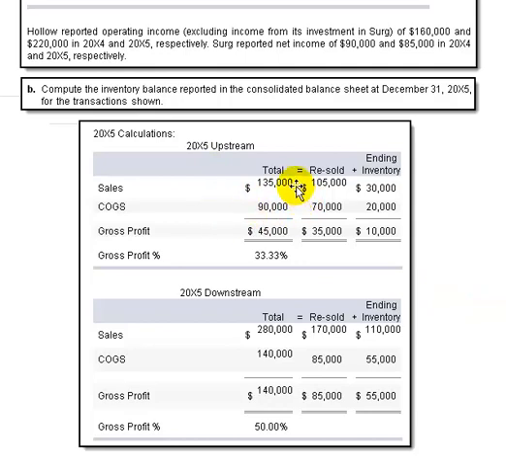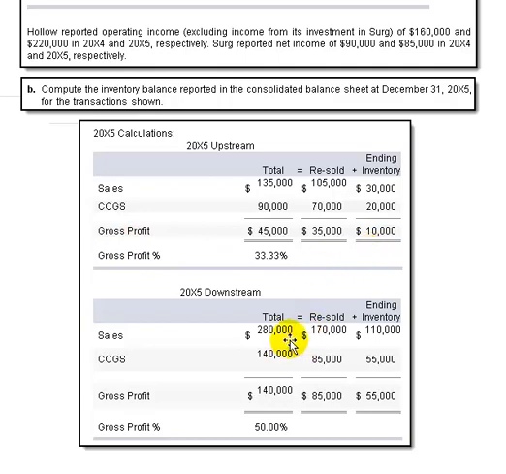One company sold to the other 135 at a cost of 90,000 with a gross profit. That's our 33% margin, right? Very similar to what we looked at earlier. So we know of the 30,000 in ending inventory at the end of 2005, a third of that represents profit in inventory. We call it gross profit. I'm used to calling it profit in inventory.